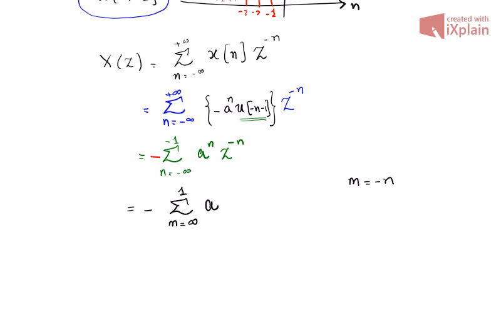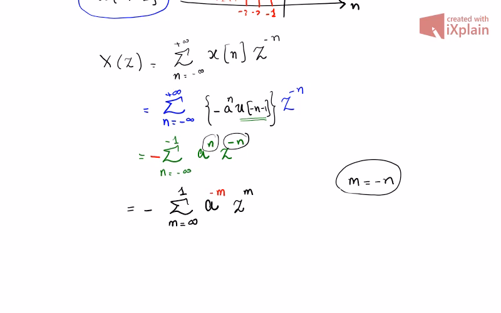And a raised to the power, just keep this in mind, would be minus m now, and z raised to the power would be m. So we have modified n and minus n according to this variable.